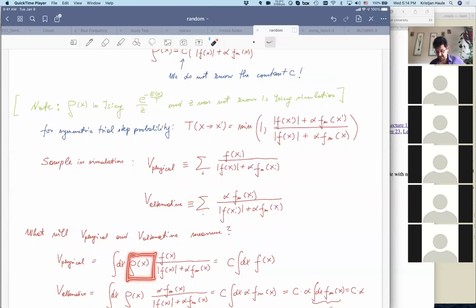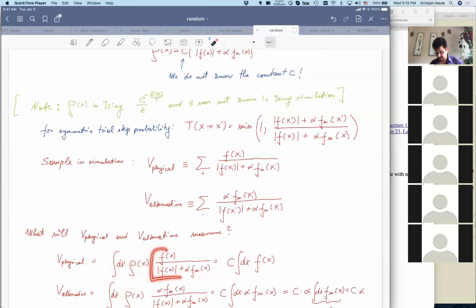Of rho of x, which tells you how probable it is to visit a certain configuration. In the Ising simulation, this was the Boltzmann weight. This part comes from the fact that we are accepting the step with a Boltzmann-like or rho-like probability, so it comes from the Markov chain, and then this is what we actually evaluate.